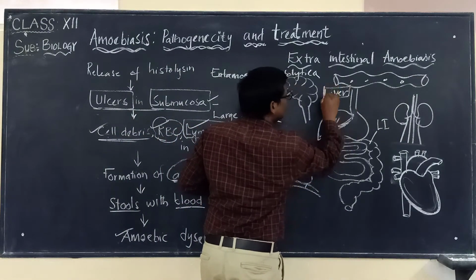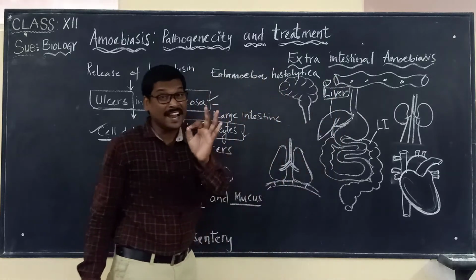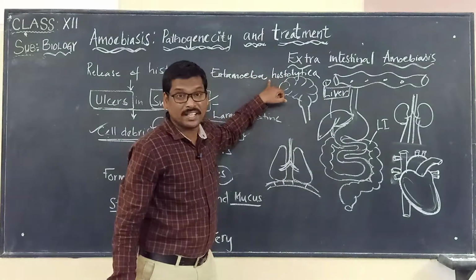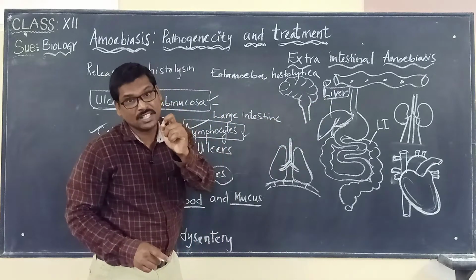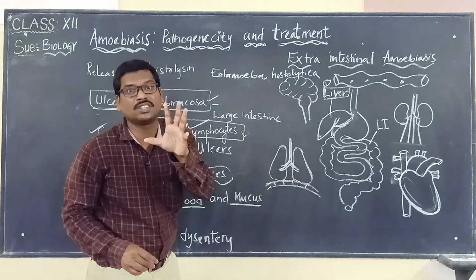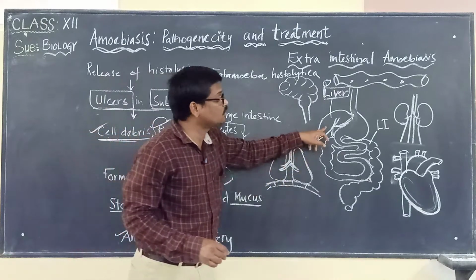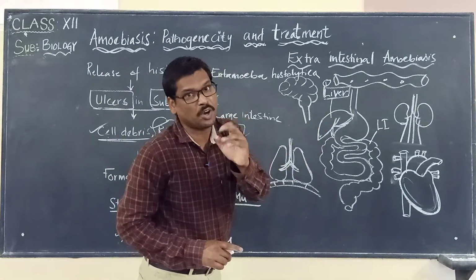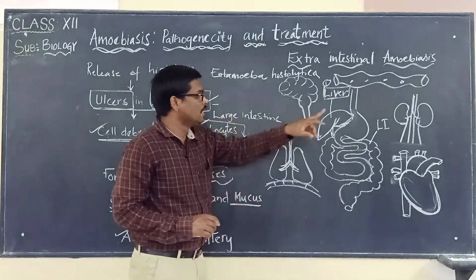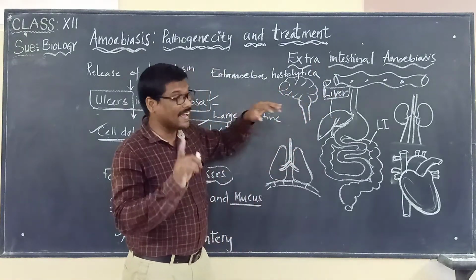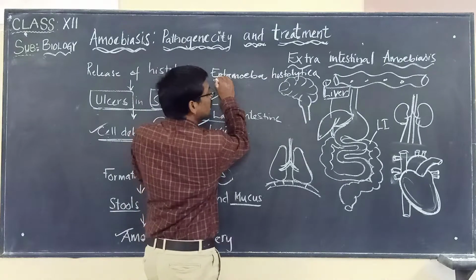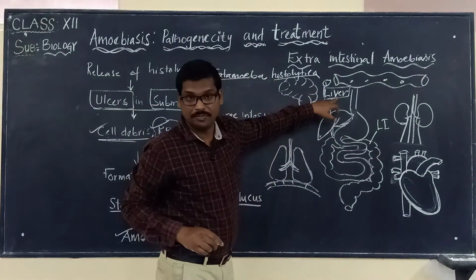Please remember that the primary organ attacked by Entamoeba histolytica is the liver. So it reaches the liver, causing formation of abscesses. There also it will cause pus formation in severe cases. Here the first organ attacked is the liver.